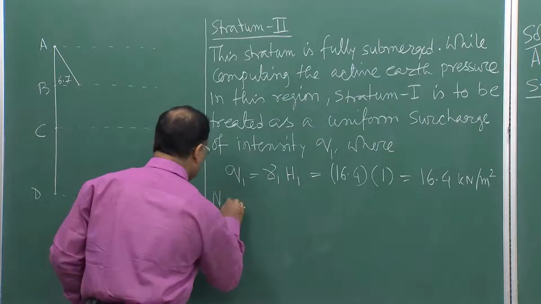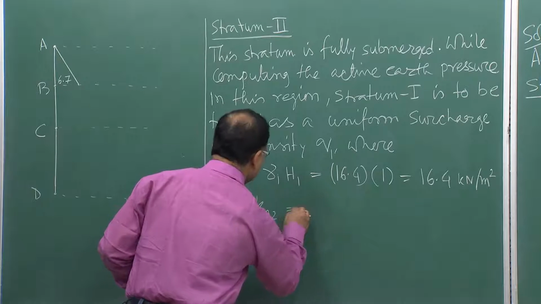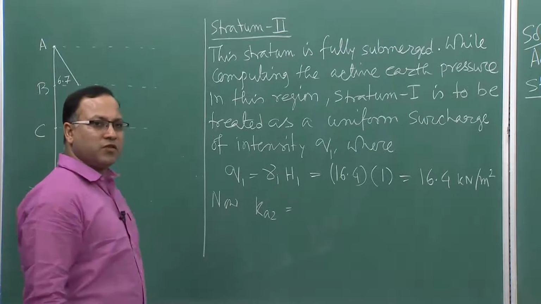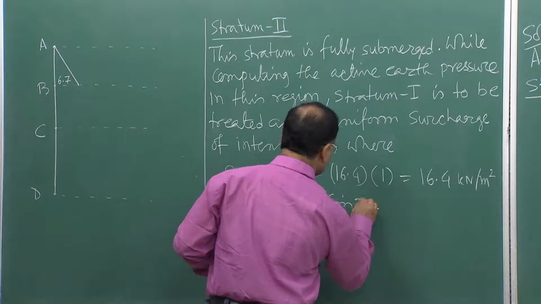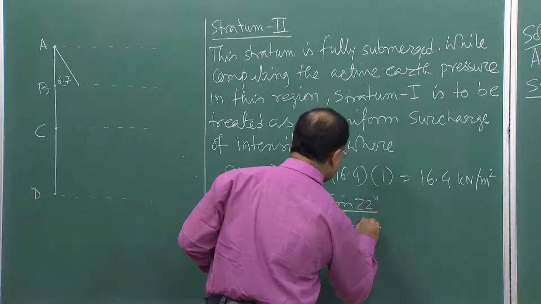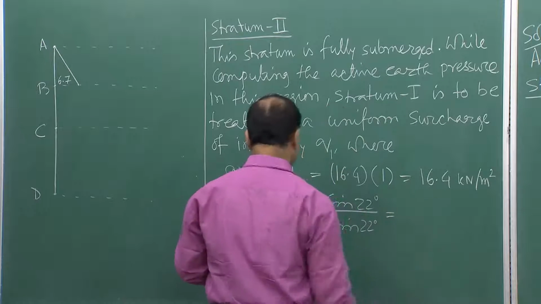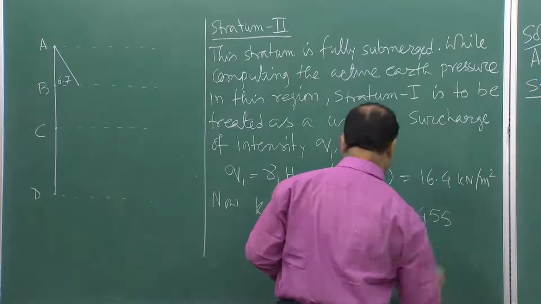Now I can find out other parameters like Ka2, the active earth pressure coefficient for stratum 2, which is 1 minus sin 22 degree by 1 plus sin 22 degree. It comes as 0.455.